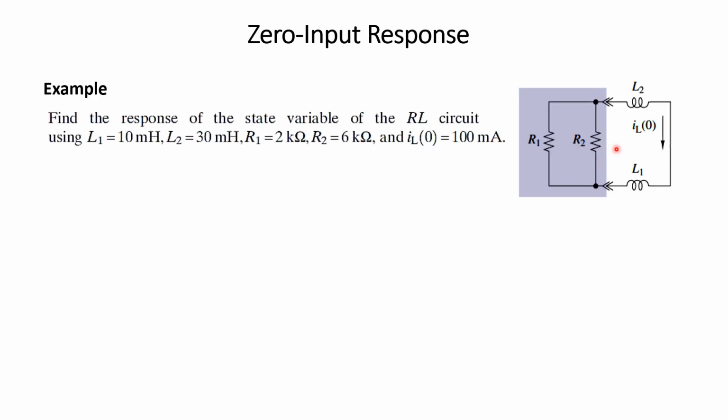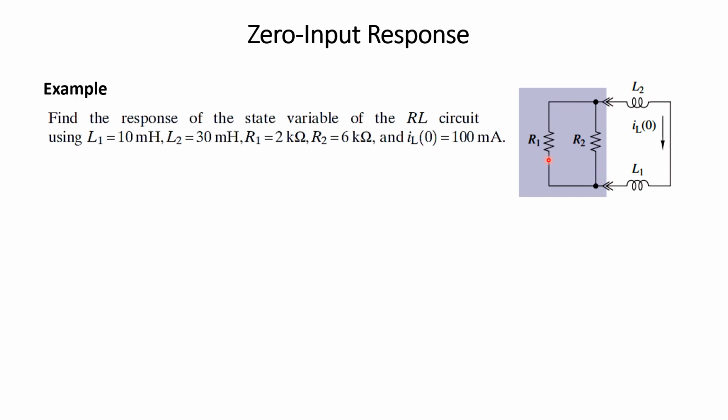Now in this example we want to see the response of the state variable of an RL circuit. State variable is inductor current. Same current is flowing through two inductors. So if we know the current, then subsequently we can find the voltage. It is L2 di by dt. Knowing these two voltages, we can find the voltage across these resistors. So knowing the voltage across these, we can find the current through R1 and R2.